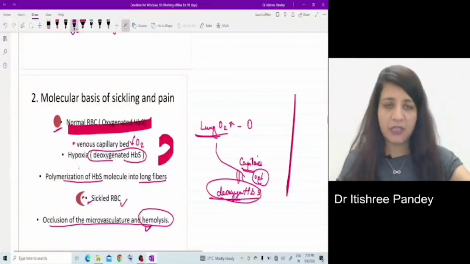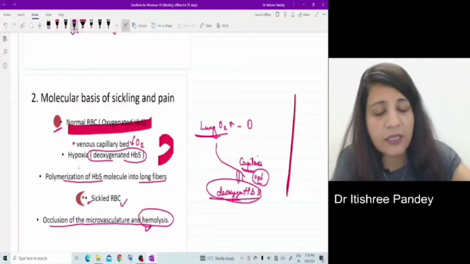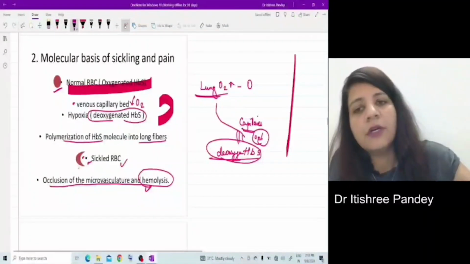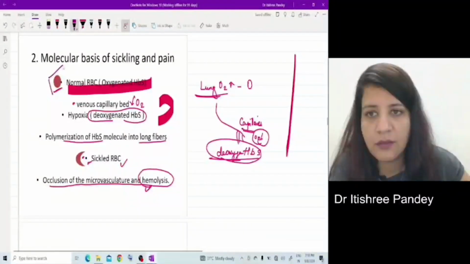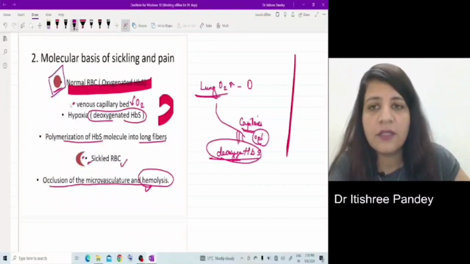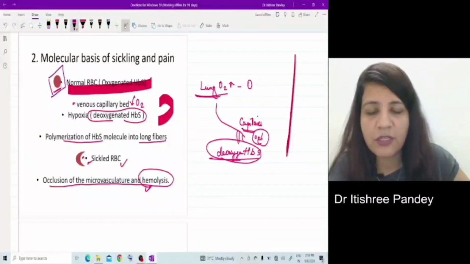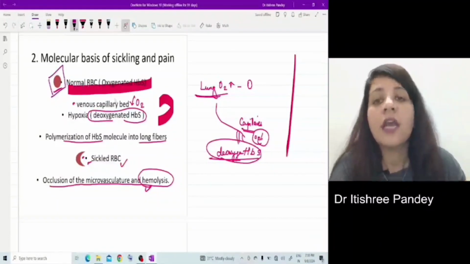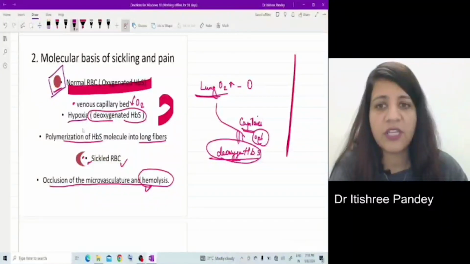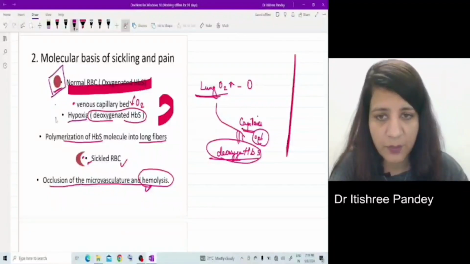Now coming to the molecular basis of sickle cell crisis leading to sickling and pain. The normal RBC is circular in the oxygenated state, and the sickled RBC in the oxygenated state also remains circular. Now in the venous or capillary bed, where the concentration of oxygen is low, or hypoxia, when the HbS undergoes deoxygenation, it leads to sickling of the normal circular RBC.